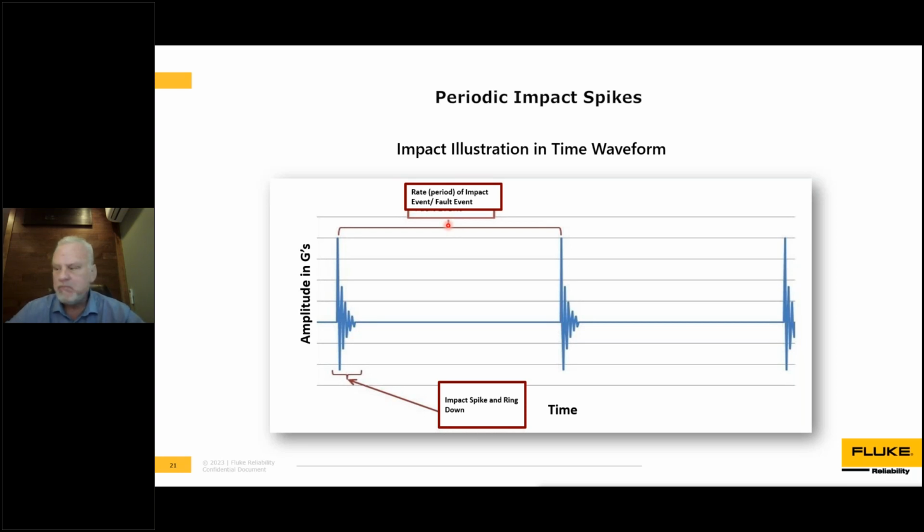It could even be cavitation if it's a pump, for example. If it's periodic, oftentimes it will be related to a bearing fault frequency, a gear frequency. So again, the event period is what we're interested in, not the specific ring down frequency or the event duration. Both of those are meaningful from a signal processing standpoint, but they're not meaningful from a diagnostic standpoint.